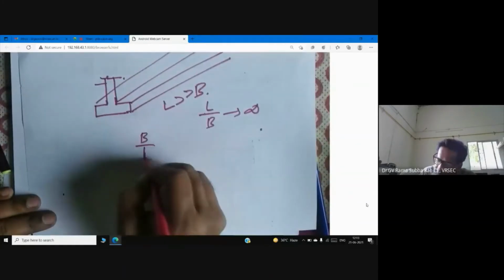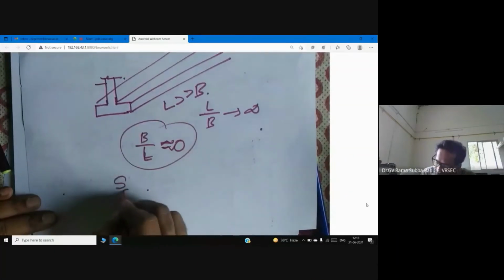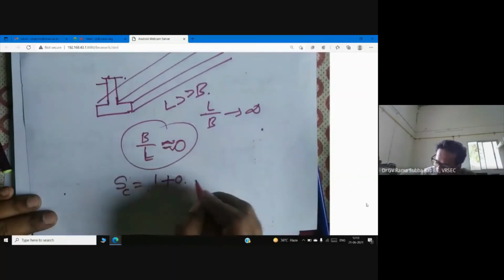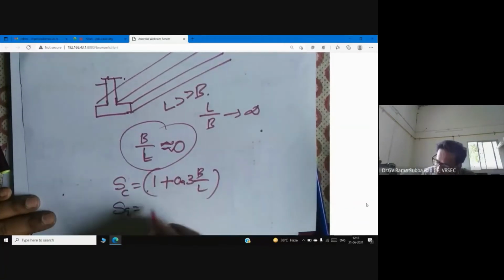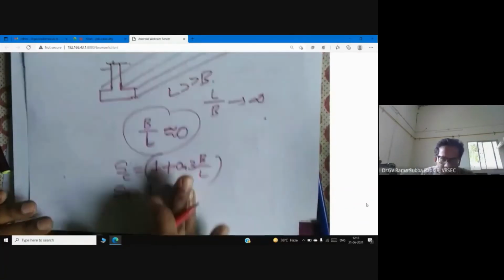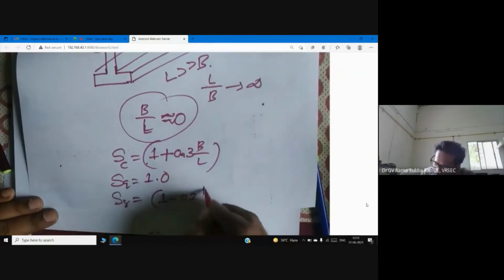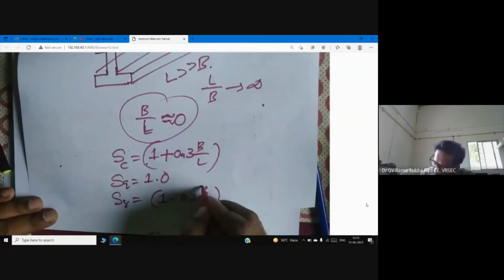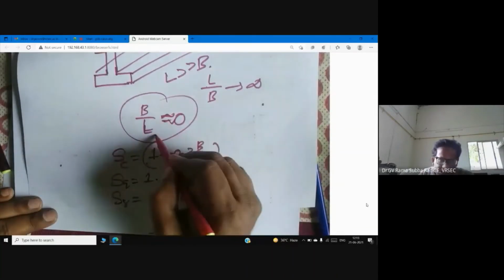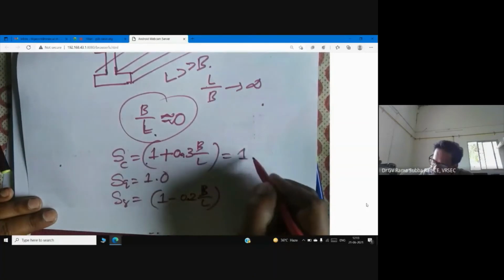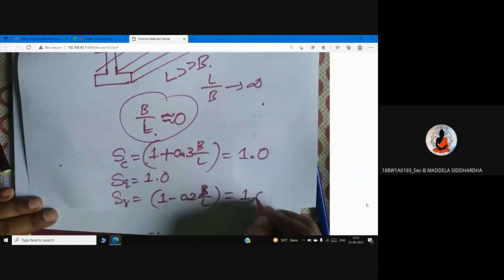So what happened to B by L? Can anyone tell me now? 0. Now what is Sc? 1 plus 0.3 B by L. What is Sq? Sq is already 1. What about S gamma? 1 minus 0.2 B by L. You should read like this. Please, all of you follow me. Now B by L is 0, then what is your Sc? 1. What about your S gamma? 1.